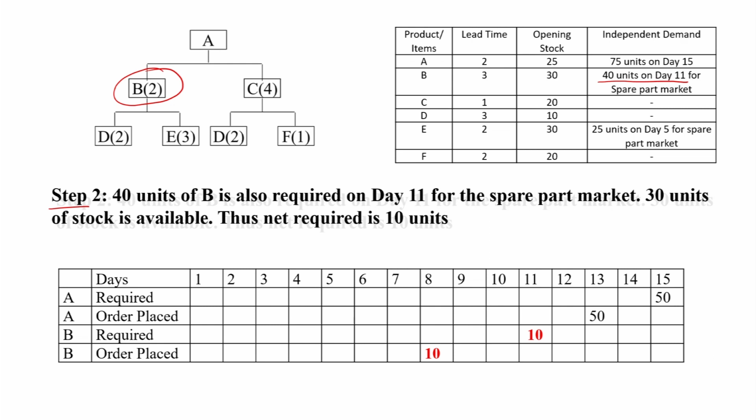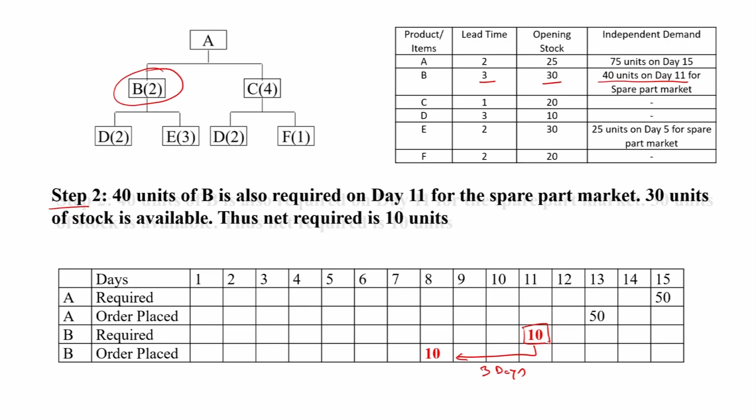So, first see the spare, because the material is required on the 13th day and the spare part is required on the 11th day. On the 11th day I need 40 units to be dispatched, I am having 30 units in my hand. So, I have to place the order for 10 units. On the 11th day I need 10 units and there is a 3 days lead time, so shift this date by 3 days and place the work order or procurement order earlier.